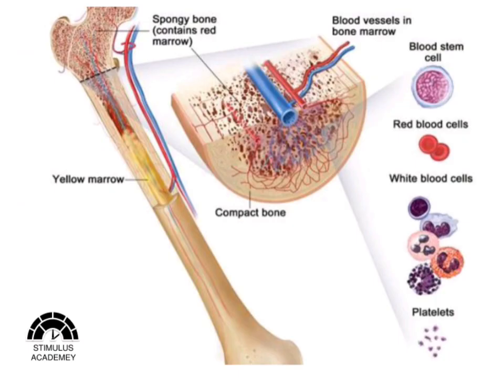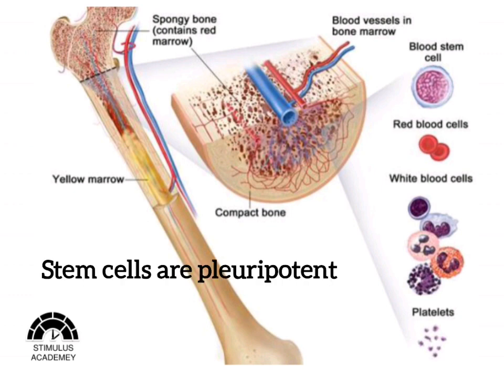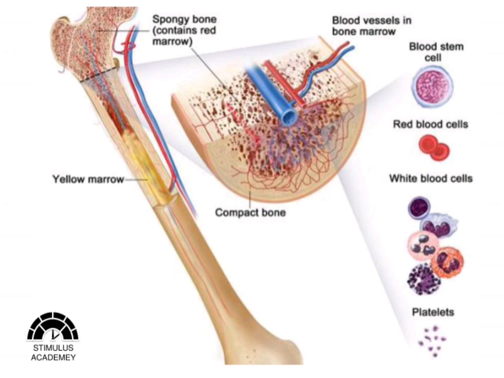A beautiful picture shows the bone and red bone marrow. Spongy bone contains red bone marrow. Blood stem cells are capable of forming red blood cells, white blood cells, and platelets.